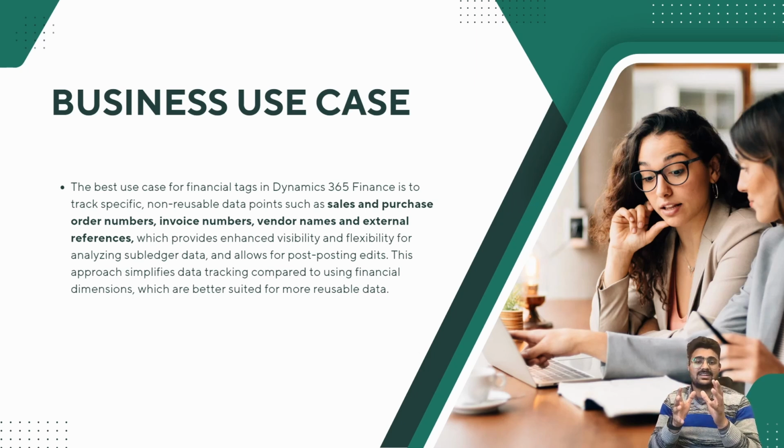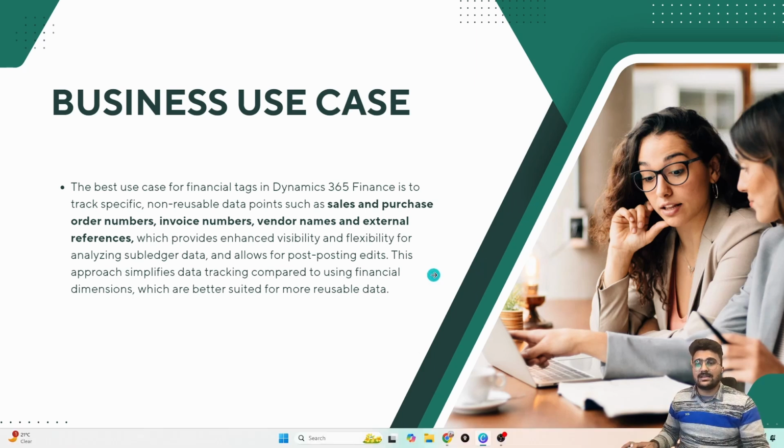It is not like you have to design a structure and define multiple things in the system to use the financial tag in D365. We will be checking that as well. So let's get started and we will move into the system to see what we can do in financial tag, and after that we will be covering financial dimension versus financial tag. What is the use of both these things?